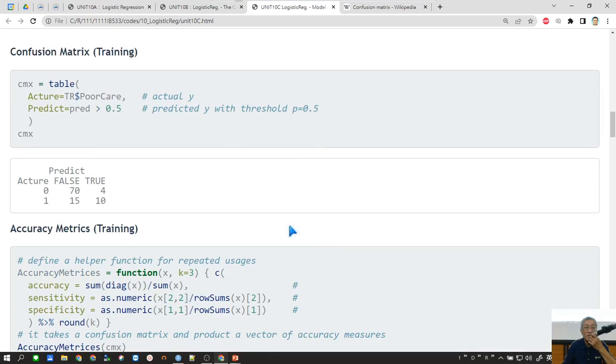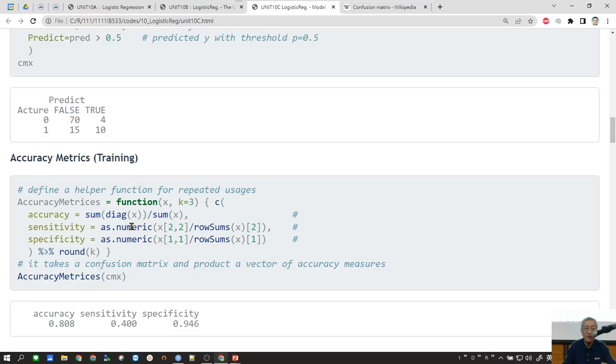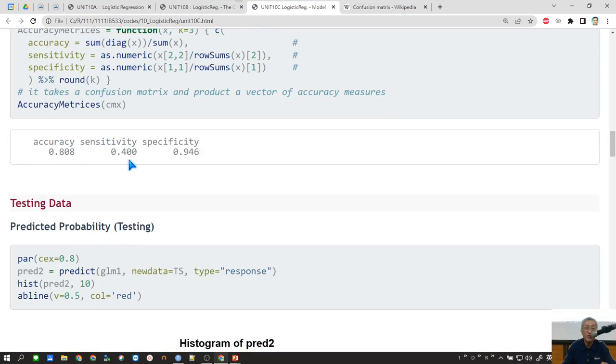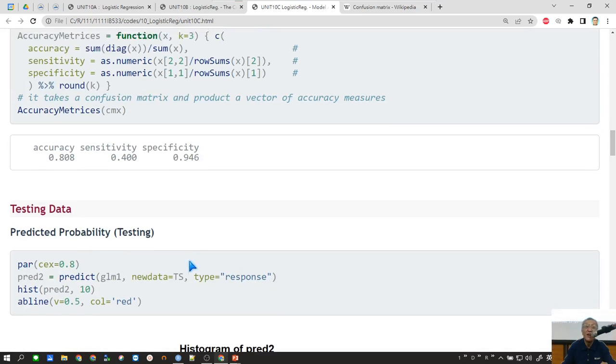So in the code, this is for threshold equal to 0.5, so I can calculate these traditional metrics, including accuracy, sensitivity, and specificity.